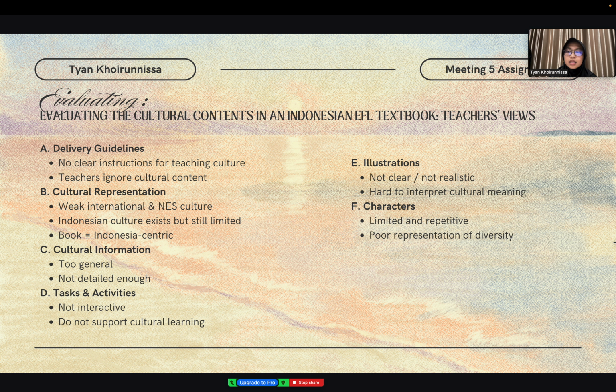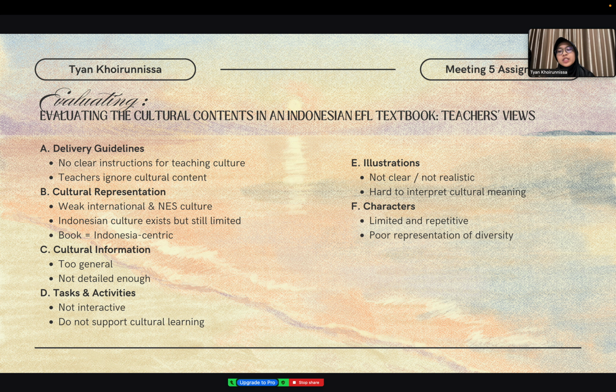Delivery guidelines: no clear instruction for teaching culture, teachers ignore cultural content. Then for the cultural representation: weak international and NES culture. Indonesian culture exists but still limited. Book is Indonesia centric.